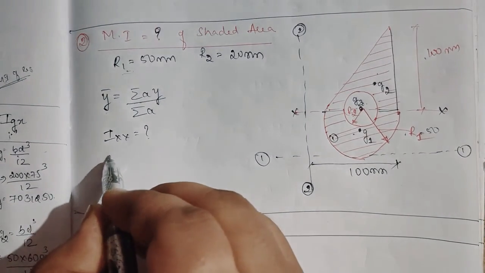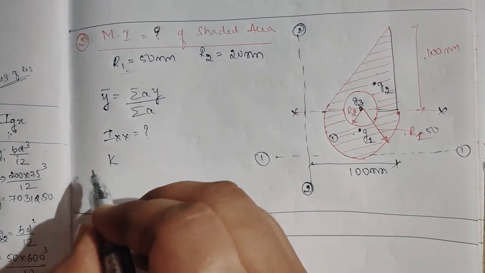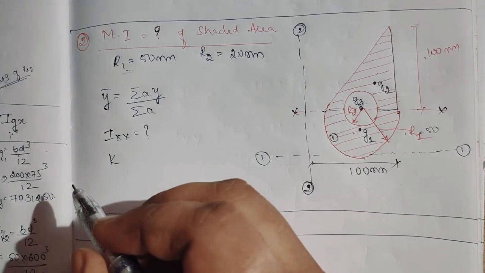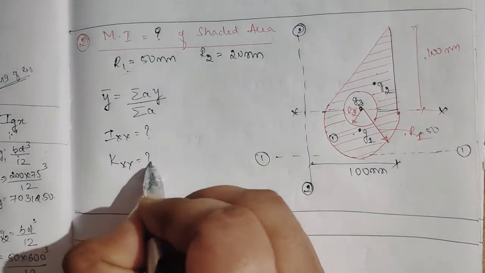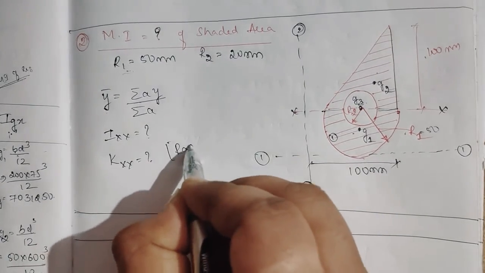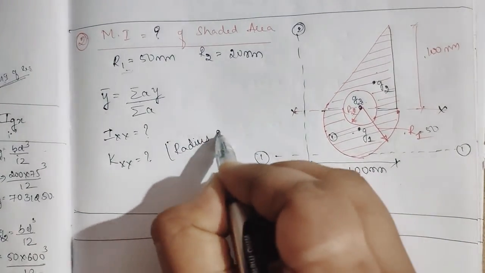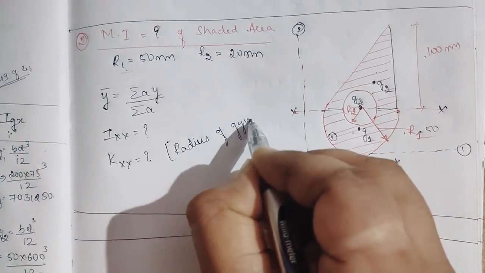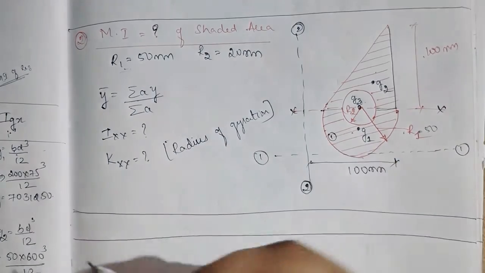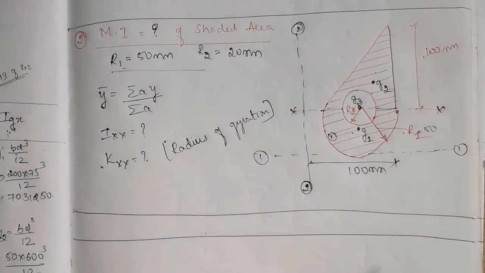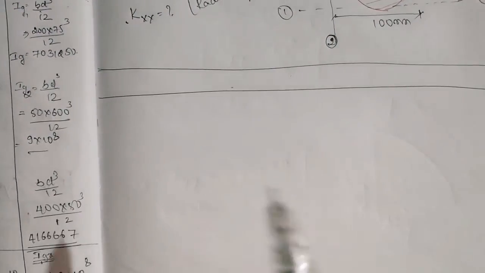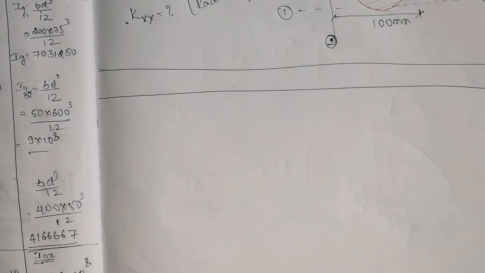They have also asked to find the radius of gyration along the x axis. It is given in long text, so I am directly giving you what is given and what is to be found. So I'll write the columns.